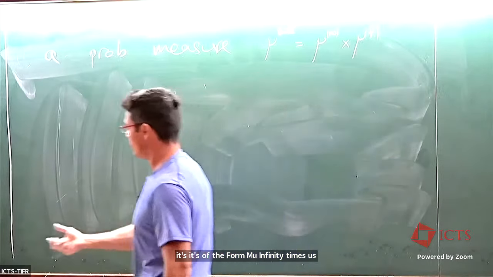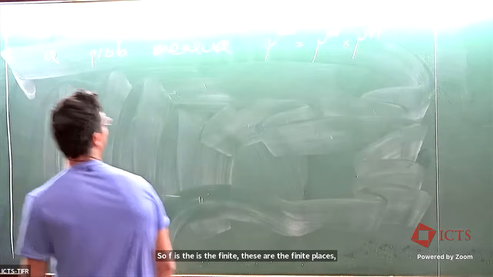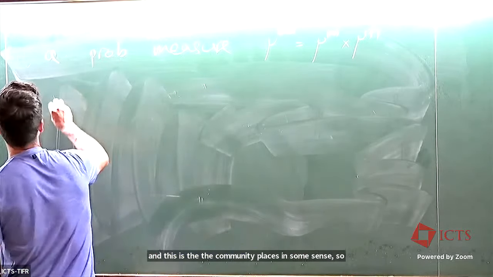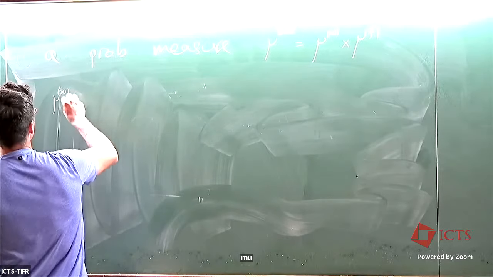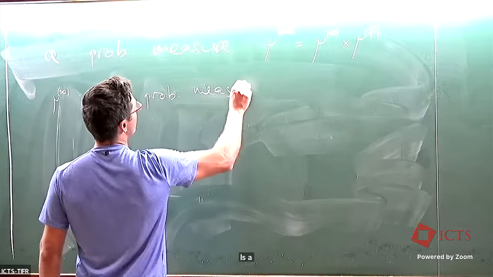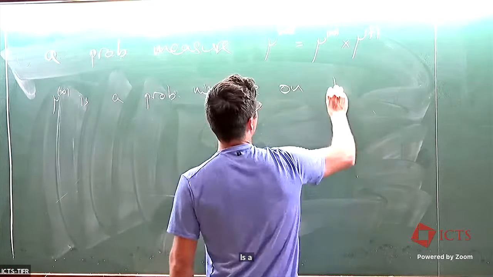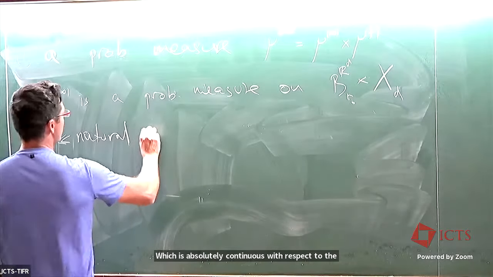So f is the finite places, and this is the infinity places in some sense. So mu_infinity is a probability measure on the ball B_{R_0} in R^d times X_d, which is absolutely continuous with respect to the natural measure.